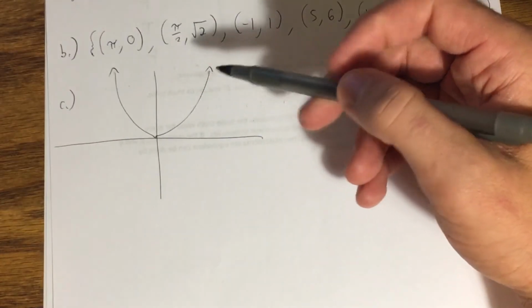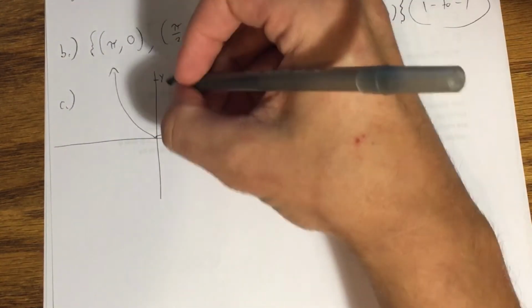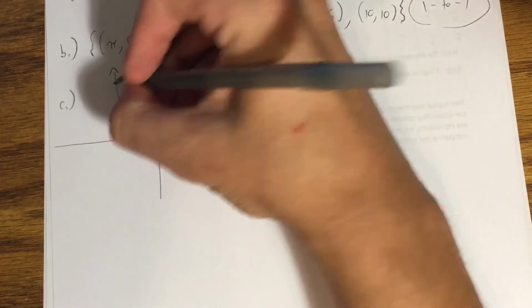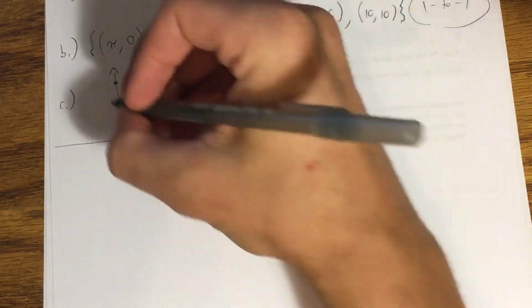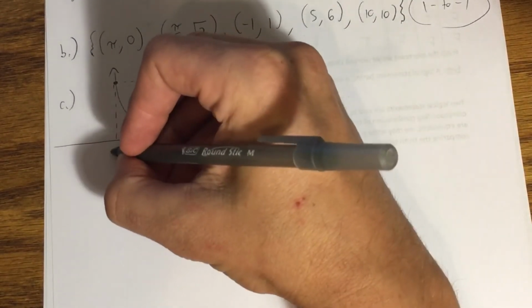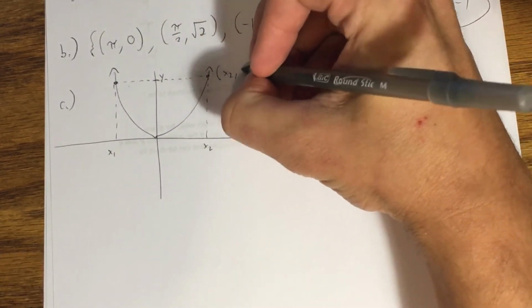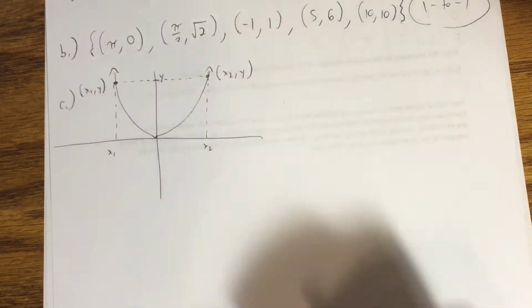But it's not a one-to-one function, because if I pick a particular output, say this one, let's call that y, that output shows up as the y coordinate of two different points on this curve here. So if I call that x1 and x2, then this would be the point x2, y, and this would be the point x1, y.